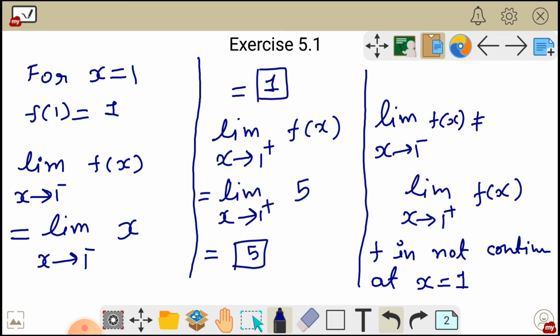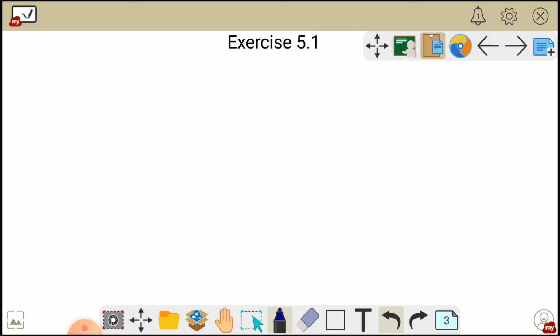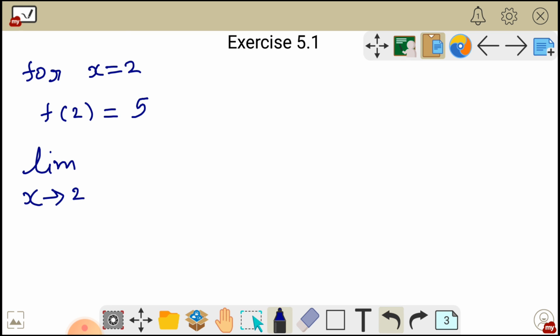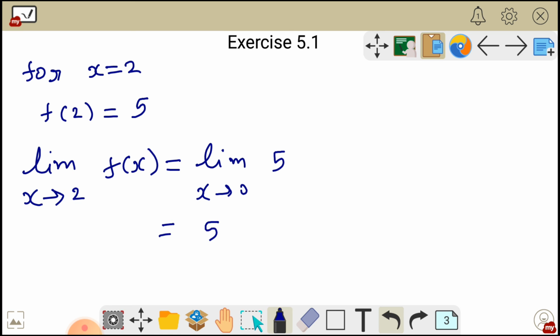Now let us check for x is equal to 2. For x is equal to 2, first of all, what will be our f of 2? It is really simple. It will be 5 because 2 is greater than 1. That's why f of 2 is 5. Now let us find the limit of this function. So limit x tends to 2 f of x is equal to limit x tends to 2 of 5, which is equal to 5.